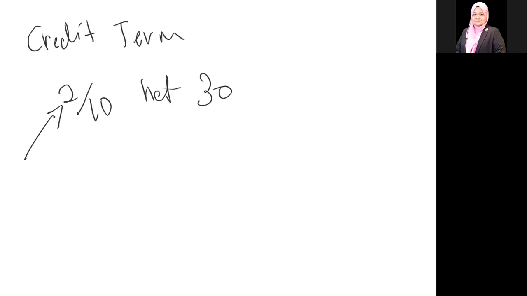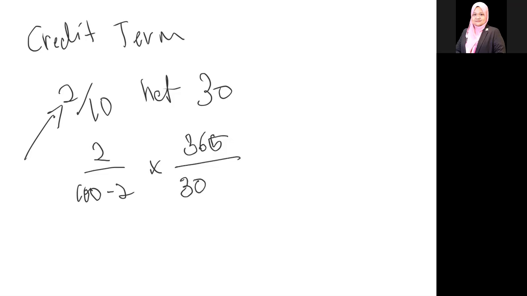All right, so let us calculate again. What is the cost of giving up this credit term? The formula is cash discount divided by 100 minus cash discount, times 365 divided by credit period minus discount period.